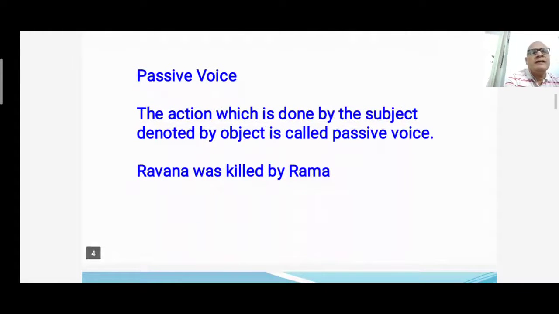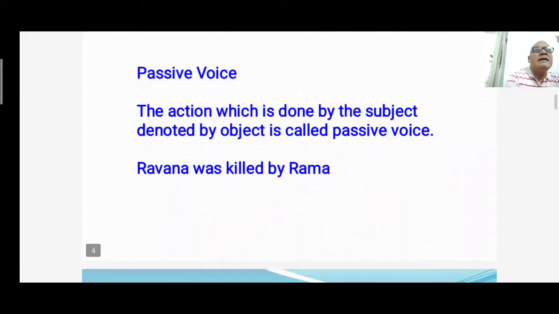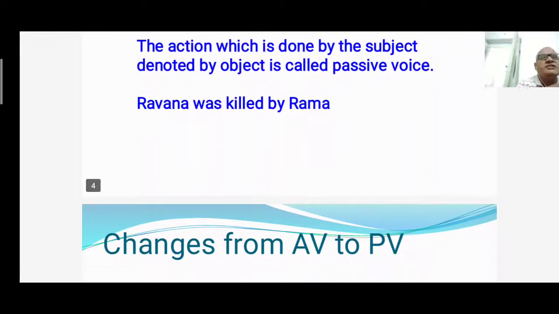Here, Ravana was killed by Rama, but actually the work is done by Rama; in the sentence, priority has been given to the object Ravana. So here the verb is in passive form. Instead of writing killed, we have written was killed. This is called passivization, the passive form.